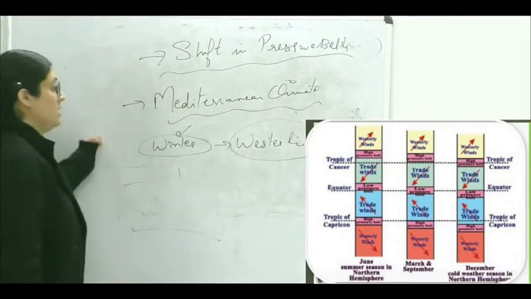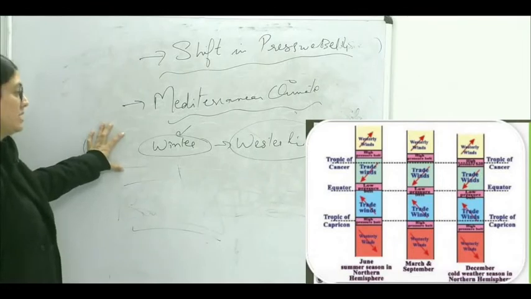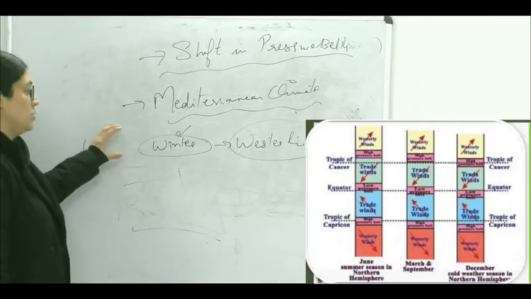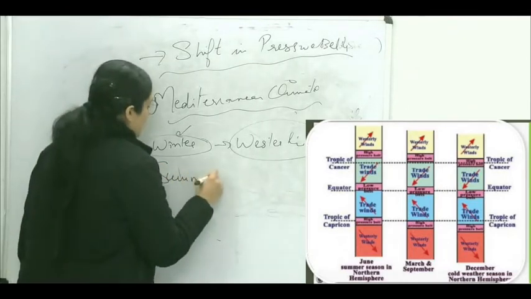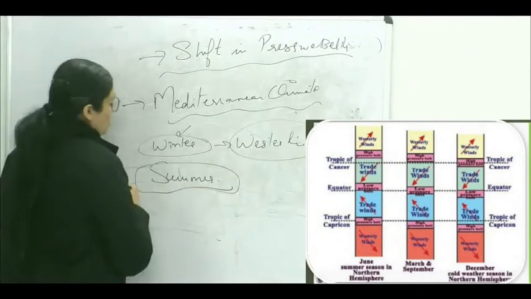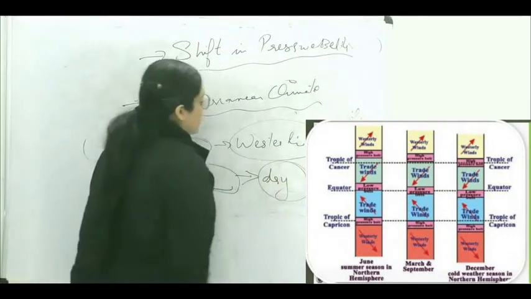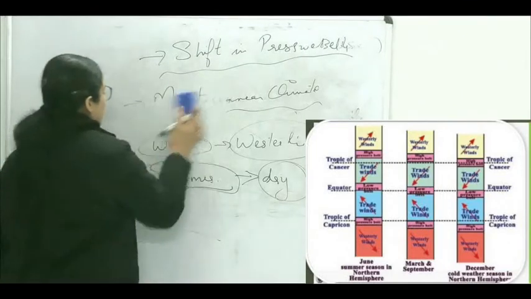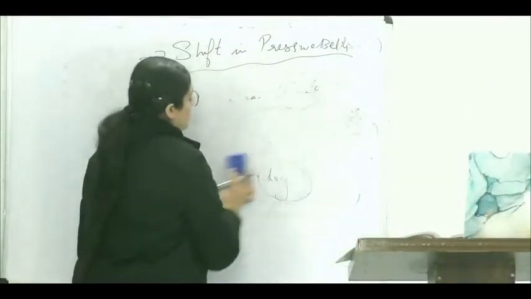So, Mediterranean climate is a typical climate which sees its rainfall in the winter season because it comes under the influence of the westerlies during the winter season, and during the summer season it is not in the zone of the westerlies, therefore summers are dry. Right. So, Mediterranean climate exists because of the shift in pressure belts.